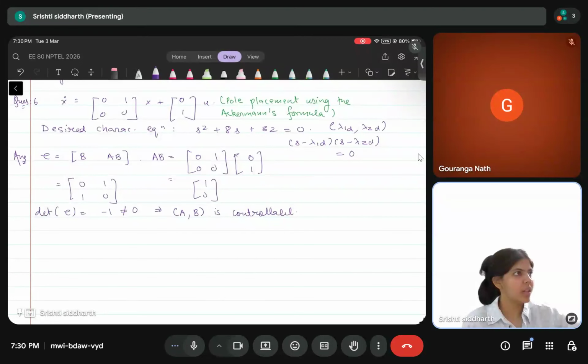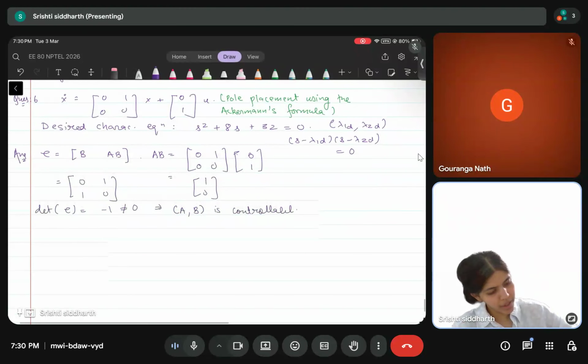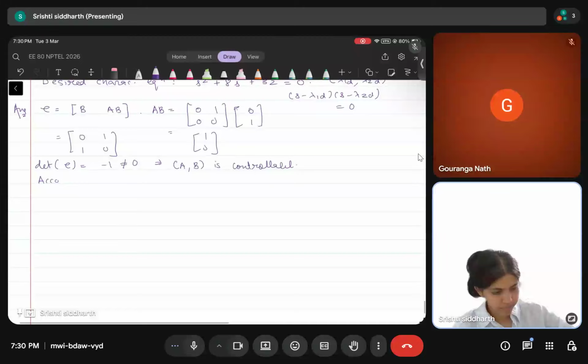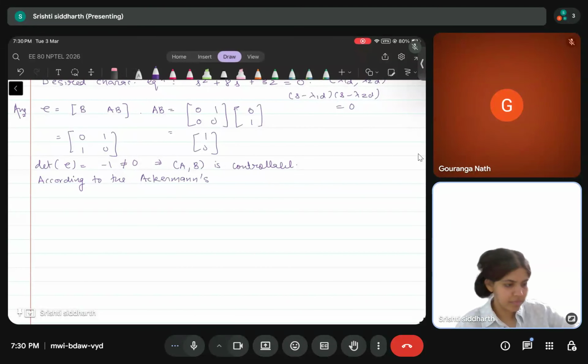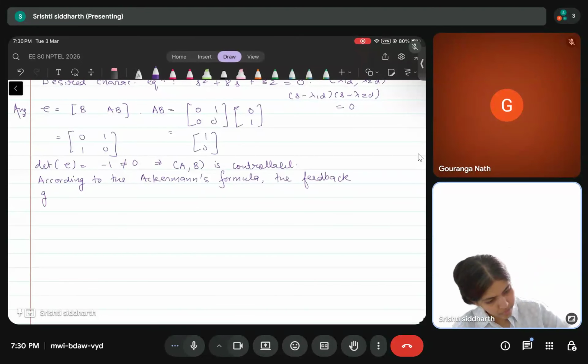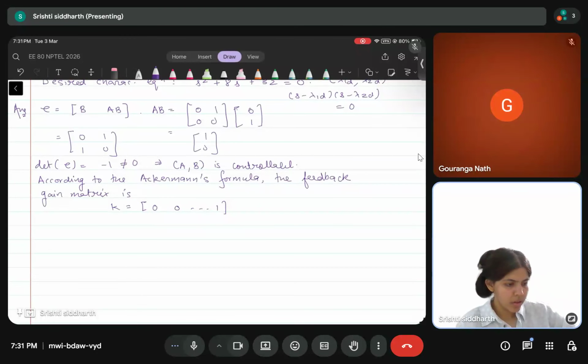So we need to write down the formula. The feedback gain matrix is given by K equals 0, 0, ..., 1, C inverse, D(A).